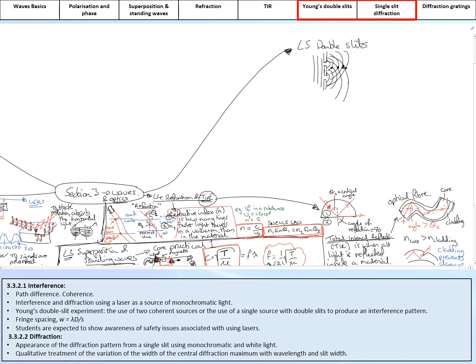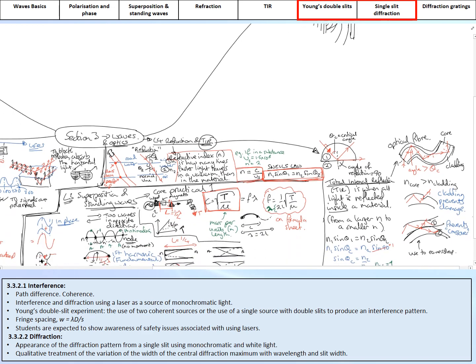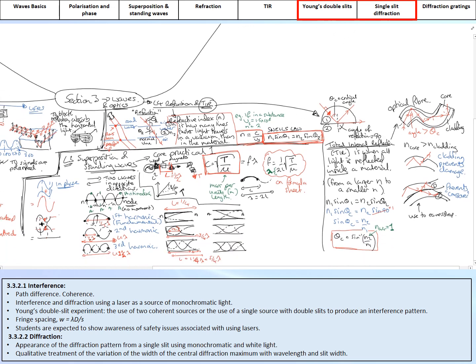And when the two peaks line up, this is a really, really badly drawn diagram, you get constructive interference. So if we go back down here, peak plus peak, i.e. they're in phase, give you constructive interference, which we didn't label actually. So let's just go back and label this as constructive interference.